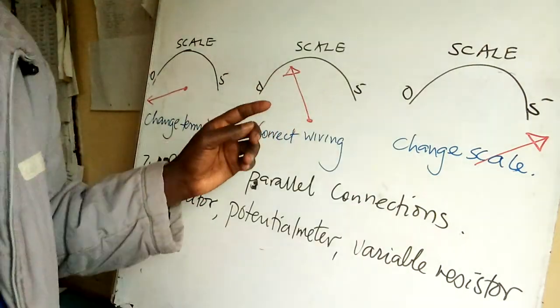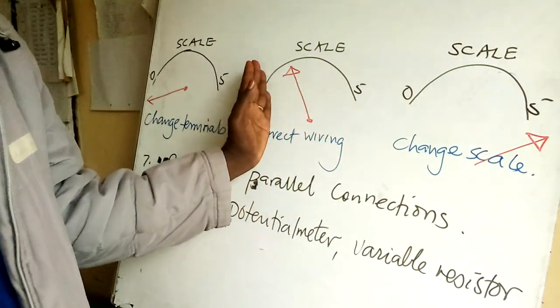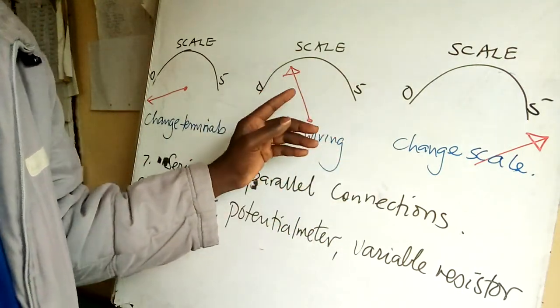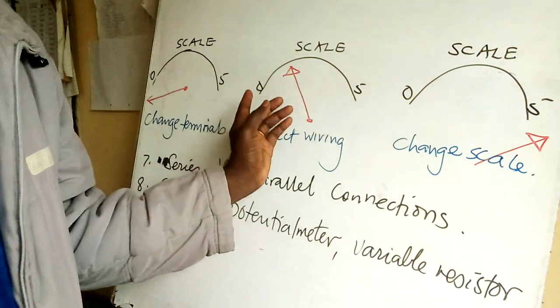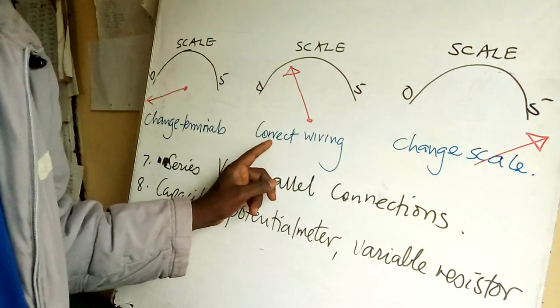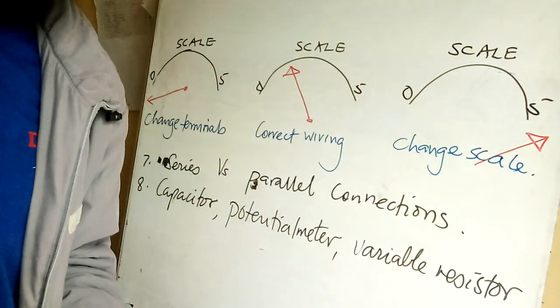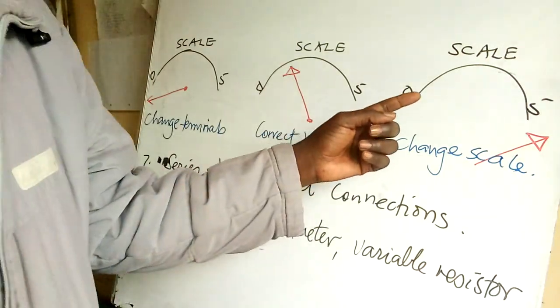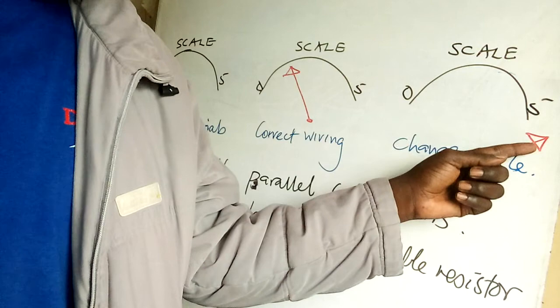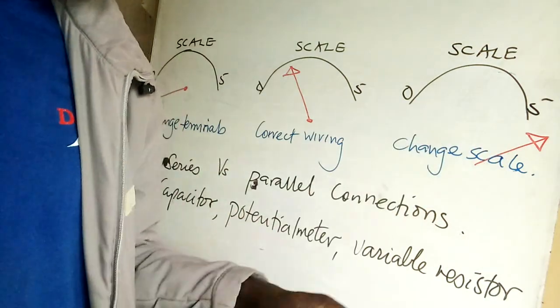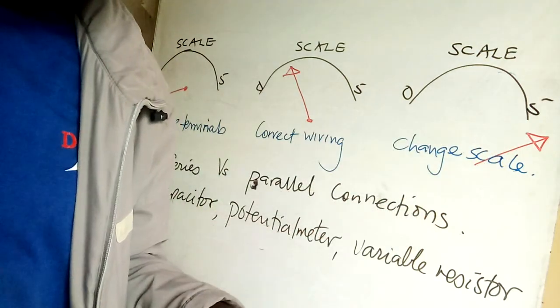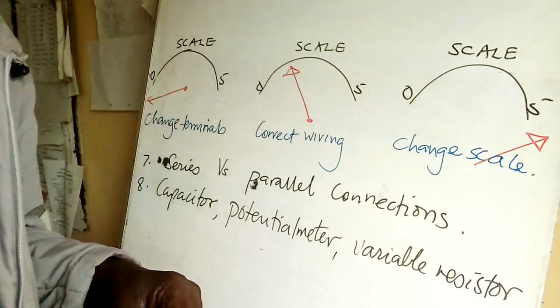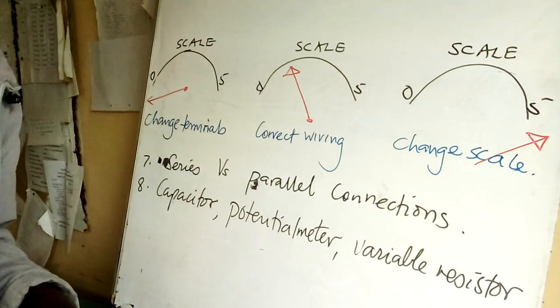Then number two, if your connection happens to be within the scale, I've just shown you 0 to 5, if it deflects here, then you did the correct connections. What about if it deflects beyond 5? It requires a larger scale.